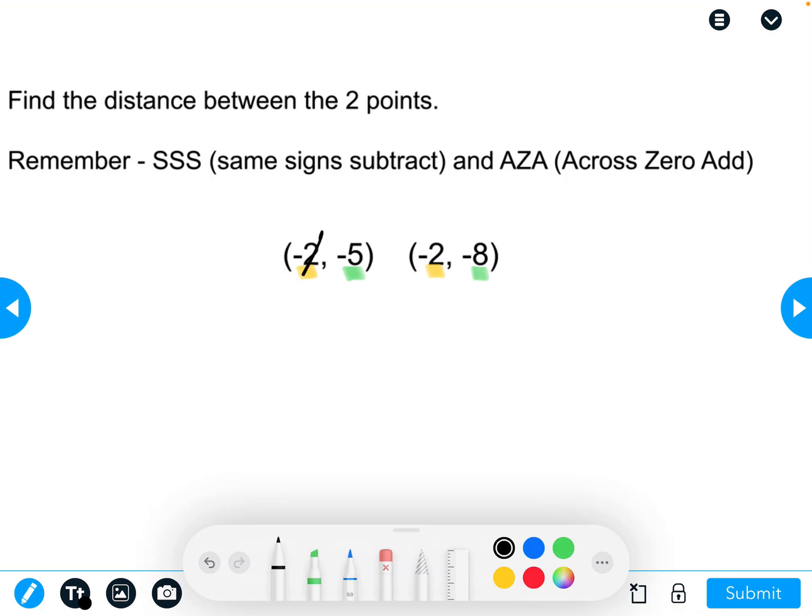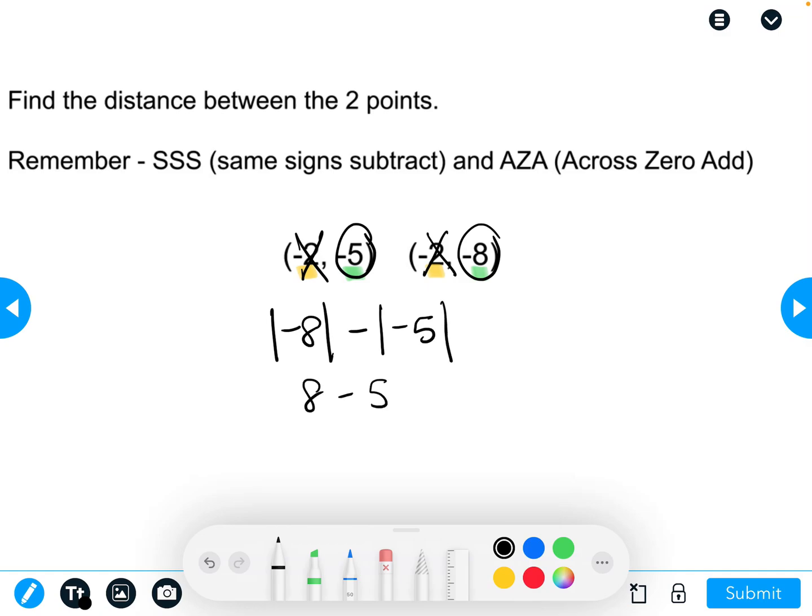The ones that match, we're going to cross out. We don't need to worry about those. And we're going to find the distance between the ones that do not match. So I have same signs, a negative 5 and a negative 8. So I'm going to subtract their absolute values. 8 minus 5 would give us a distance of 3.